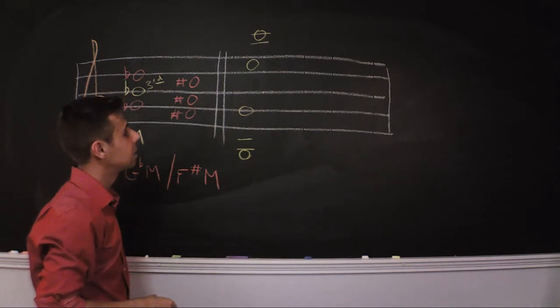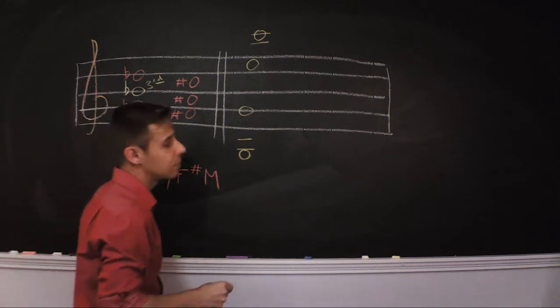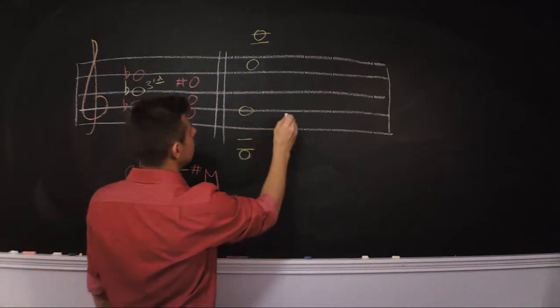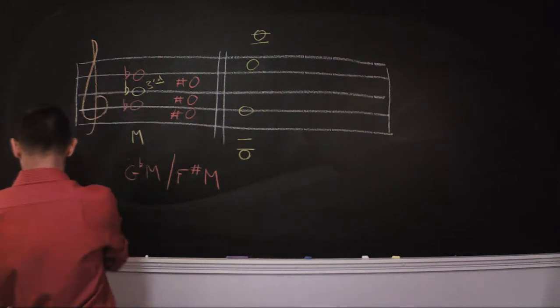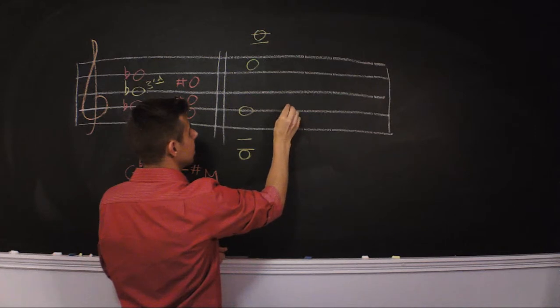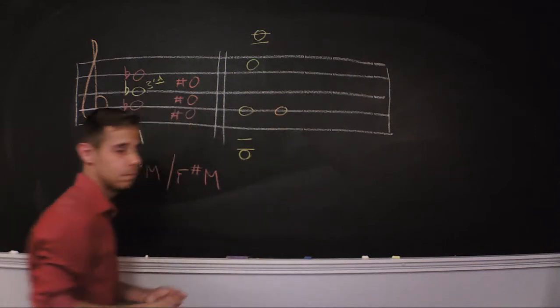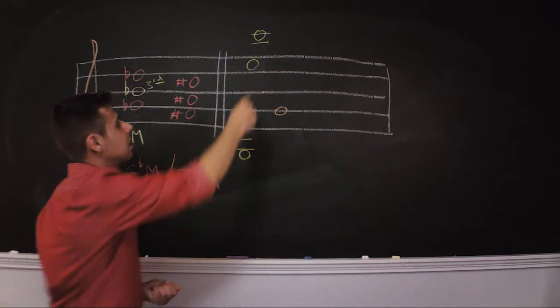Now, the trick is to reduce it into thirds, right? So let's try moving them around a bit. We'll do this. In our first round, we'll use orange. So we'll put the G here. Alright? G. Now we also have a C and an E. This C is really high up.